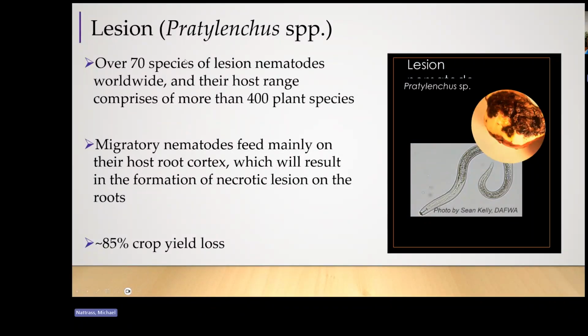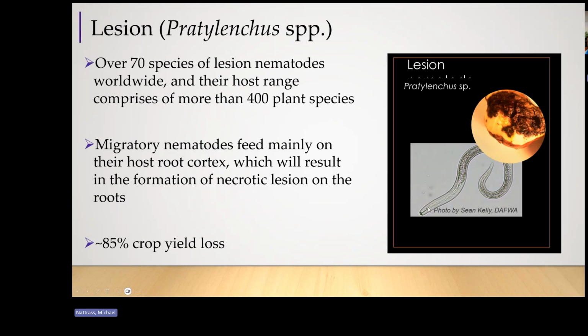Next, we have lesion nematodes. They have about 70 species, causing about 85% of crop yield loss. And so you'll have these sort of darkened lesion areas. And if you recall, this could be mistaken for some bacterial disease. So not only would you send in the plant, but you also might send in a soil sample.